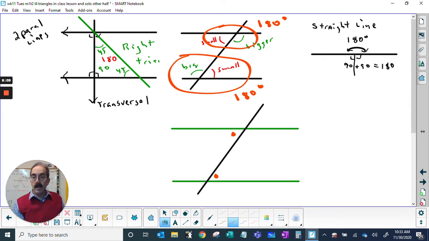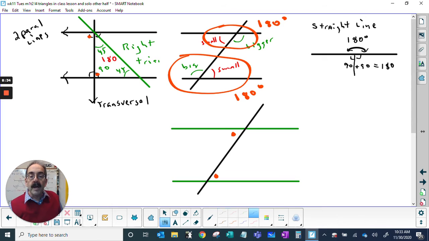Think back to the original, 90, 90 as I tip it. As I tip it, this gets bigger as that gets bigger. So far, so good. Now I'm going to get rid of this for a second.